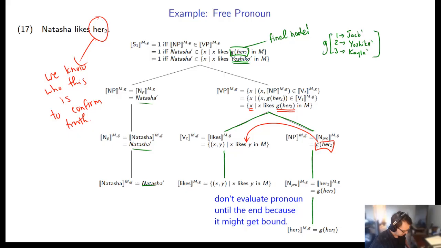But remember, with the bound pronouns, the one rule that's really making this possible is the fact that T2 and her two and she two and it two all point to the same thing. This is that special rule that's making bound pronouns possible.